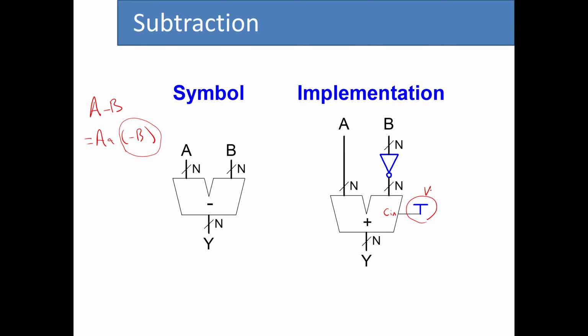So this is basically connected to VDD, or its value is 1. By doing that, we can practically use the same circuit that we use for addition to perform subtraction for us as well. I'm going to show later on how this can be useful when we want to design arithmetic logic units that are capable of performing several functionalities in one unit.